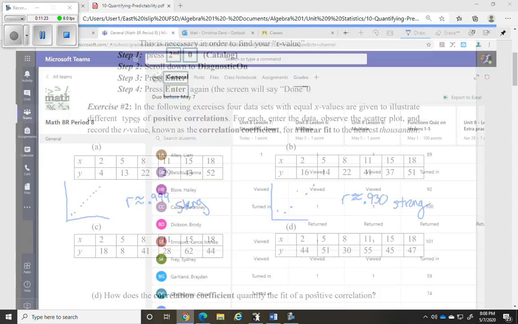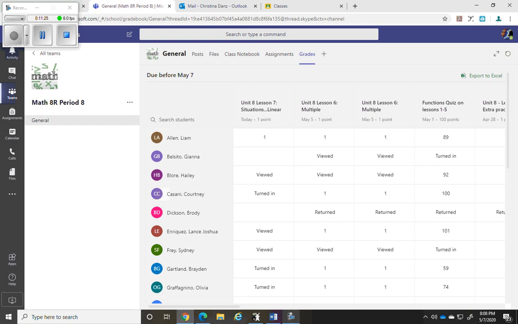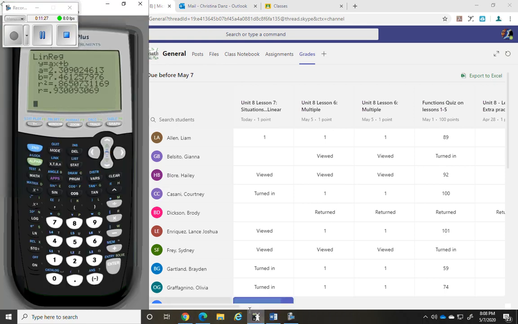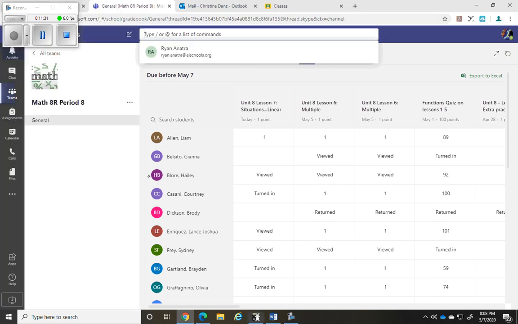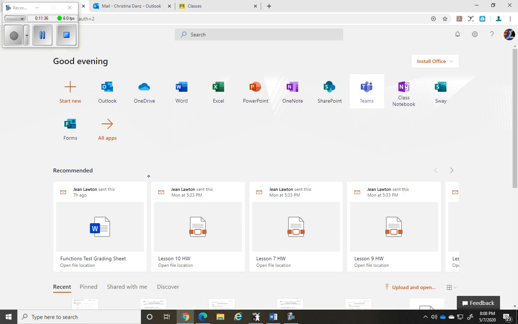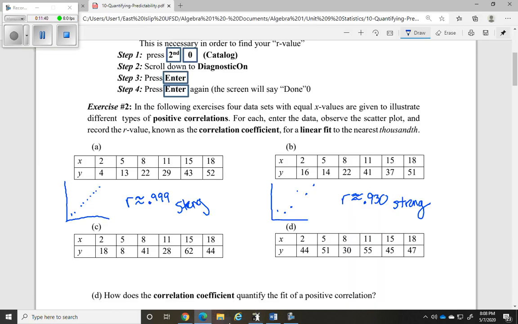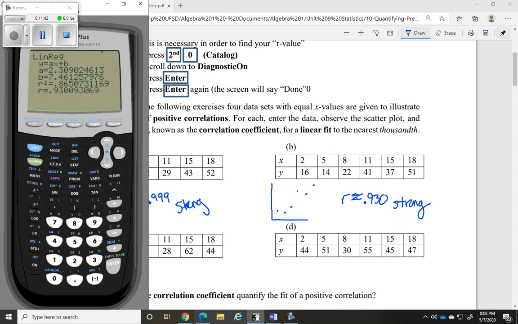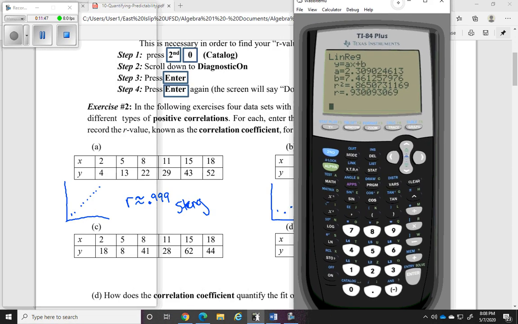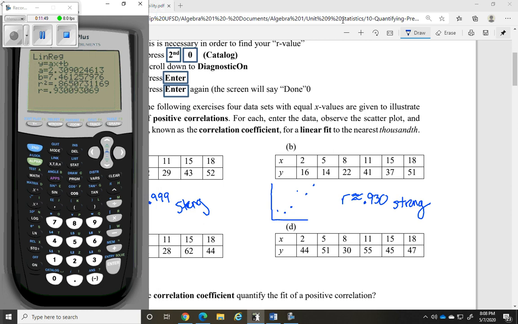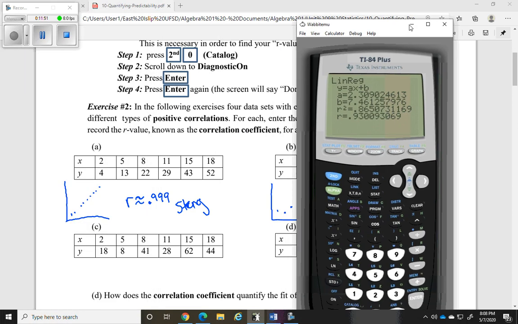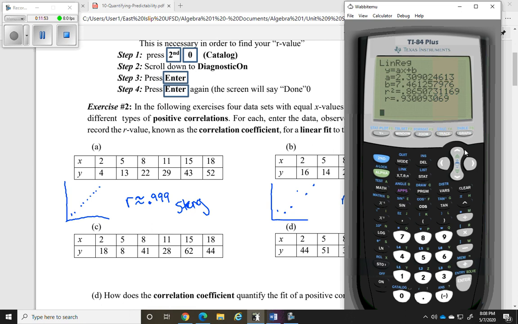On C, what I got on here now. The X values are the same. But I have to change my Y values.